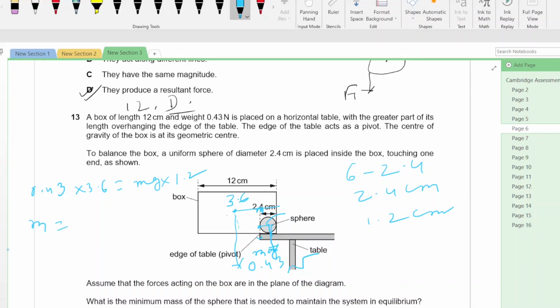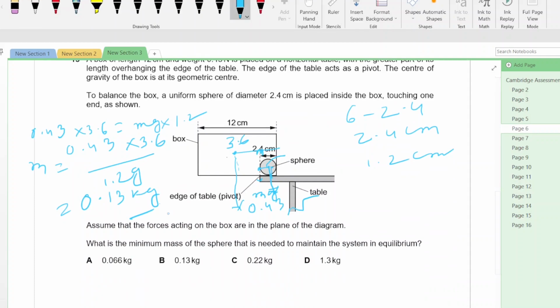Now m equals 0.43 into 3.6 by 1.2 g, and it equals 0.13 kg.